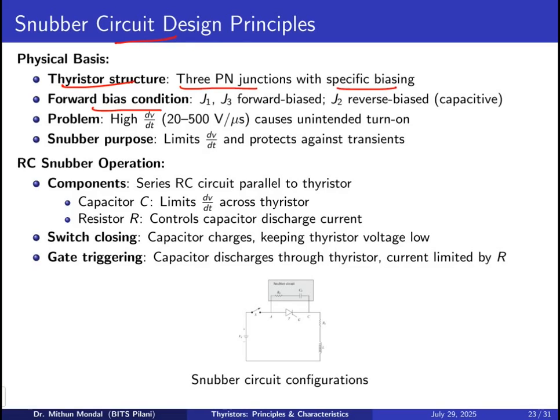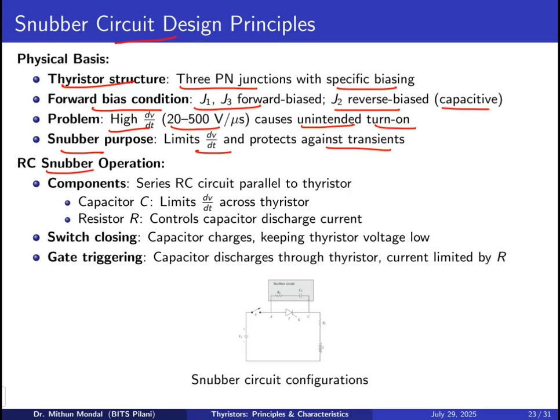In the forward bias condition, J1 and J3 are forward biased and J2 is reverse biased, which leads to capacitive formation. If there is a high dv by dt in the range of 20 to 500 volt per microsecond, this will cause an unintended turn-on of the thyristor, and the solution lies in the snubber circuit because it will limit the dv by dt and protect against this transient.